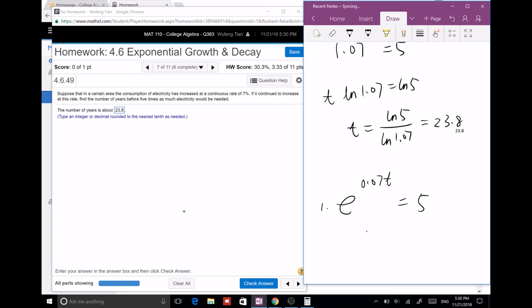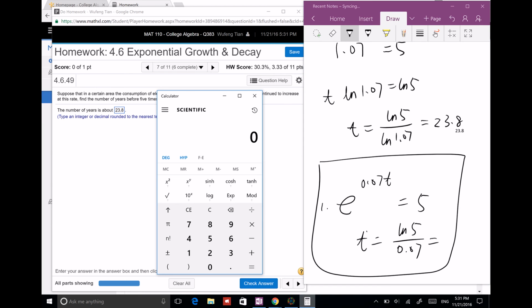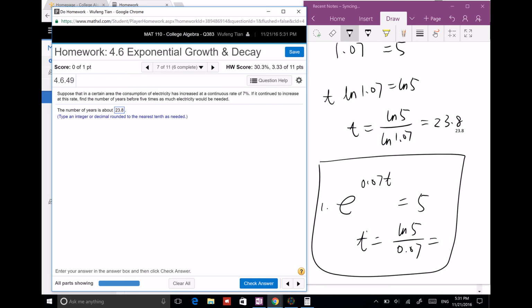So t equals ln 5 over 0.07. Maybe since it's continuous, you probably have to use the continuous one. So ln 5 divided by 0.07 equals 22.923 years. They're very similar.